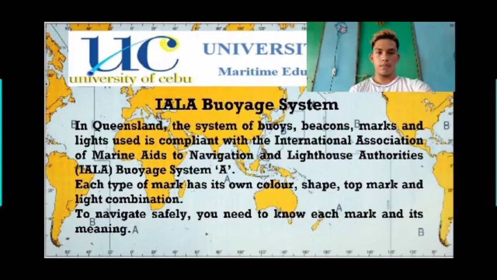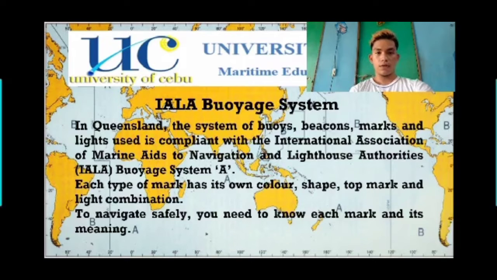IALA buoyage system. In Queensland, the system of buoys, beacons, marks, and lights used is compliant with the International Association of Marine Aids to Navigation and Lighthouse Authorities, or IALA buoy system. Each type of mark has its own color, shape, top marks, and light combinations.